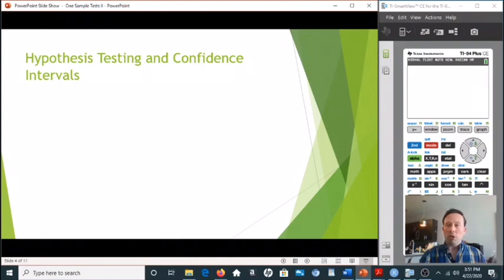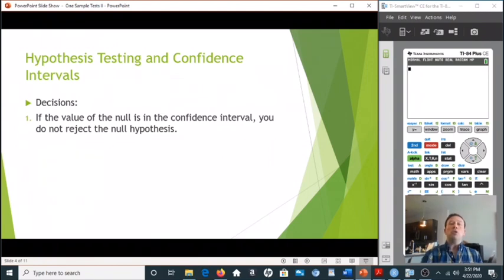All right, so in general, and I believe this is the first question on your NTS for today, relating confidence intervals with hypothesis testing and the decisions that you make in hypothesis testing. So first, if the value of the null hypothesis, which is your status quo, if it's in the confidence interval, it's a winner. So you do not reject the null hypothesis. The status quo is still the status quo.